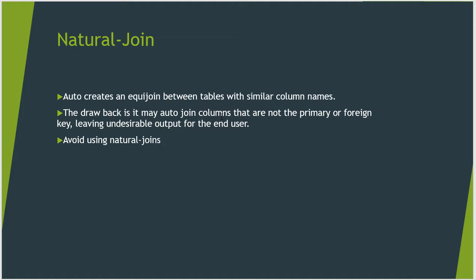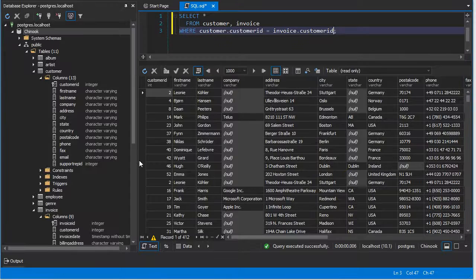So try to avoid using a natural join. I think I misspoke there. This doesn't use the comma. You actually use the keyword natural join. Let's see if it is even implemented in Postgres.